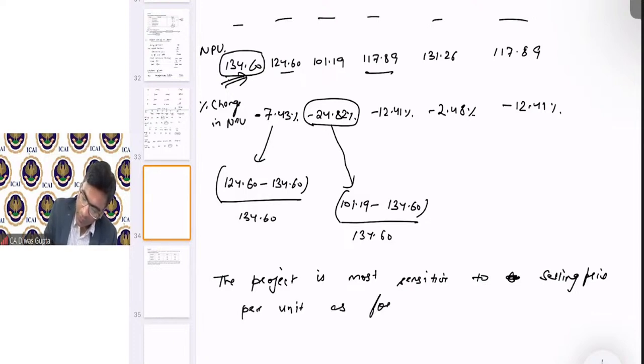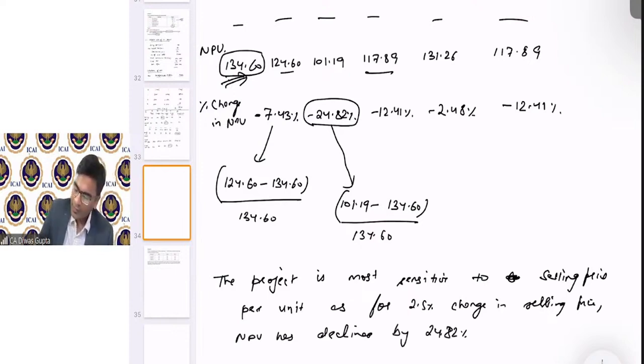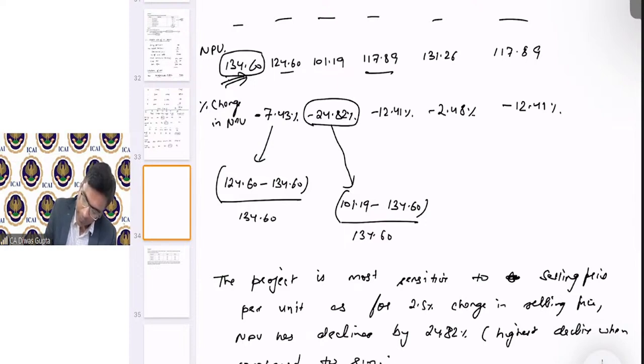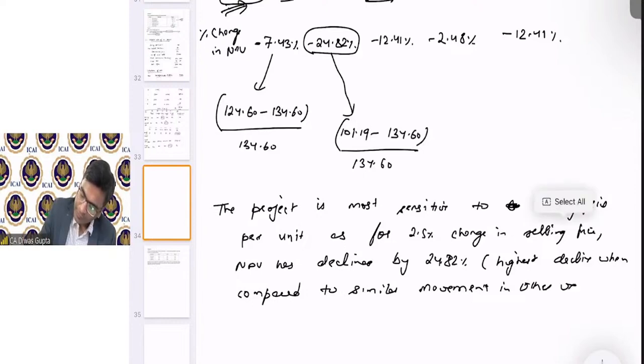As for a 2.5 percentage change in selling price, NPV has declined by 24.82 percentage, and it is the highest decline when compared to similar movement in other variables. Okay, students, I hope this is clear.